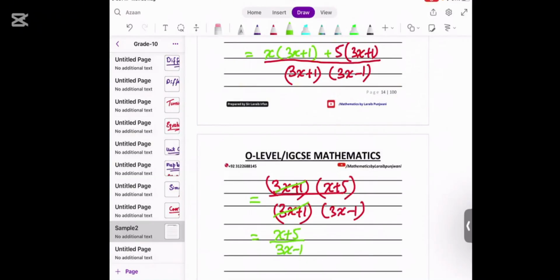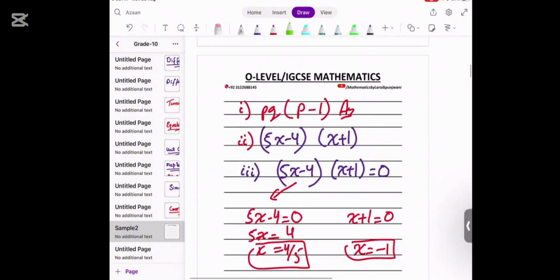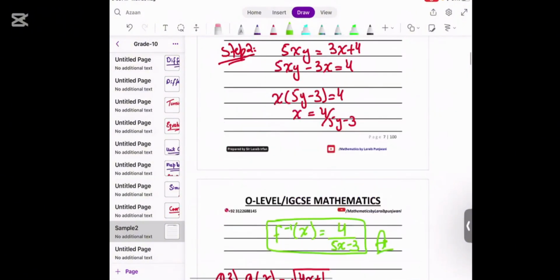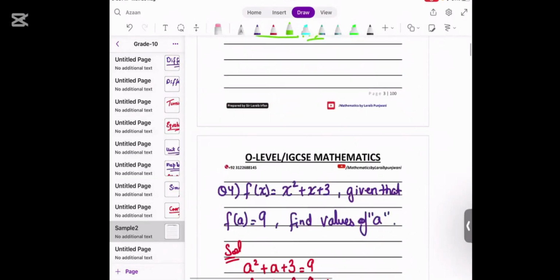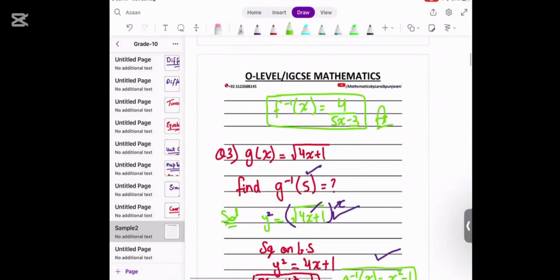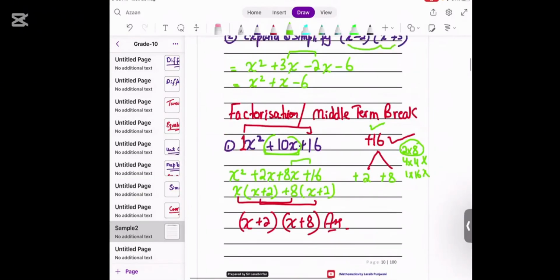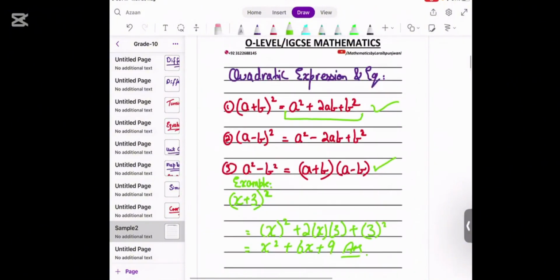Yes, Adan, got it? Yeah. Okay, great. Now write down the formulas. Okay, quickly.